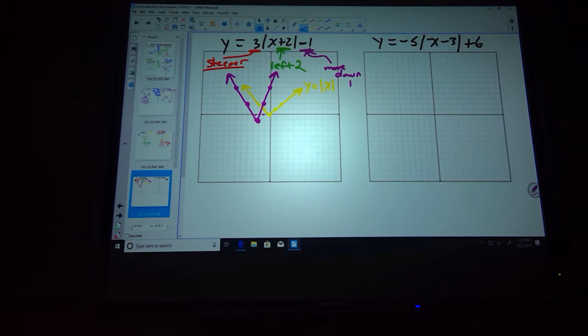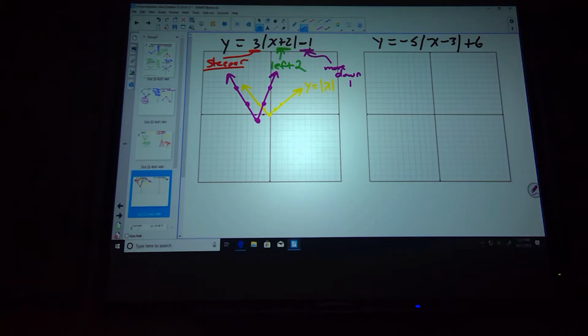Steeper by 3. It grows 3 times as fast. In the fancy math lingo, it has a vertical stretch of 3. But I like steeper by 3.